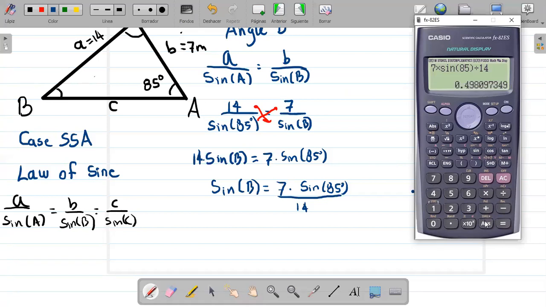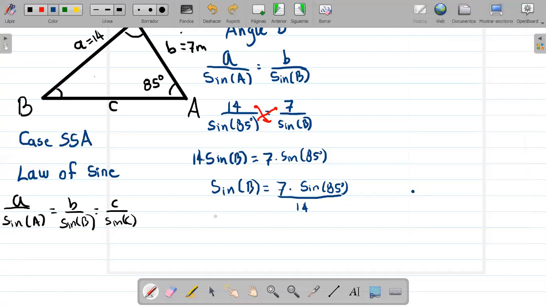So we're going to use the ANS trick because we want to work as exactly as we can here. That's why we're going to leave this as the answer. So sine of B is equal to that answer, which is 0.49 and many more decimals. In order to leave B alone, you have to pass sine to the other side, and sine passes with the inverse function.